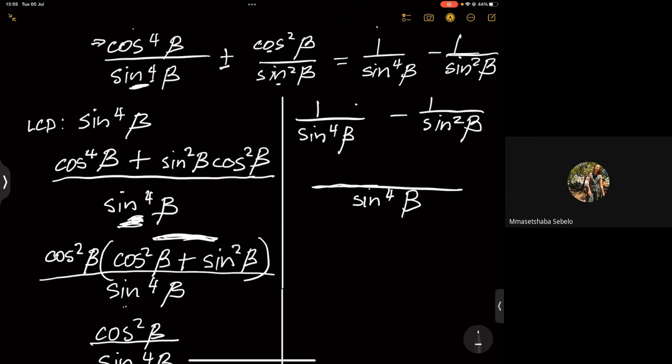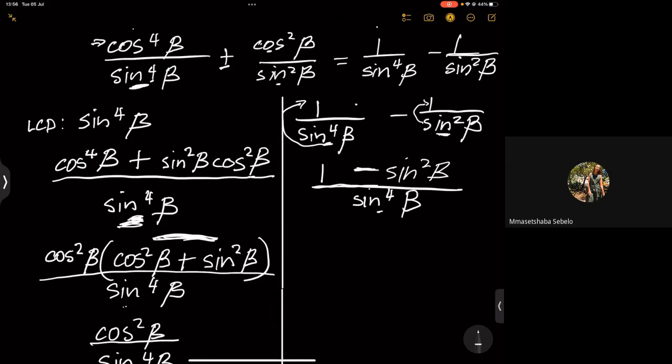Then LCD divided by our denominator gives us 1, multiplied by 1, still 1. So we're going to have 1 there. Then we go to the other side and take the sine down: sine to the power of 4 beta divided by sine squared beta gives sine squared beta, times 1, which is sine squared beta.